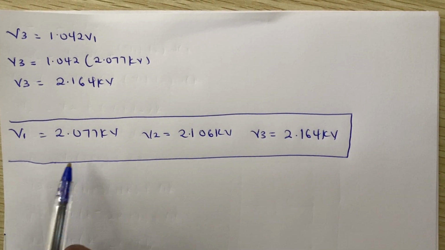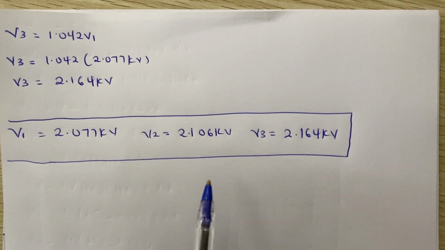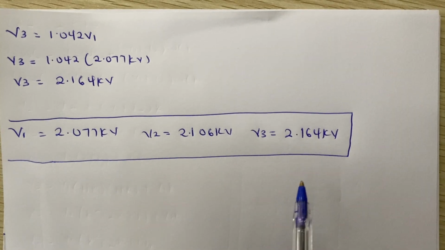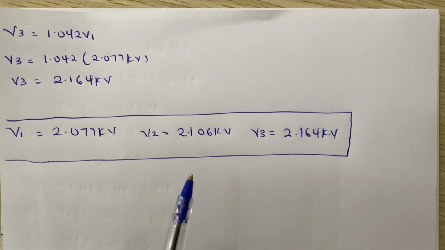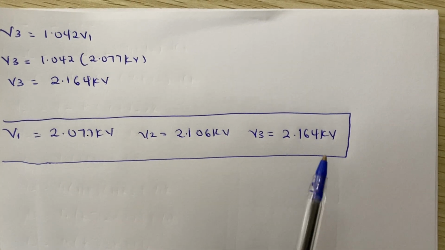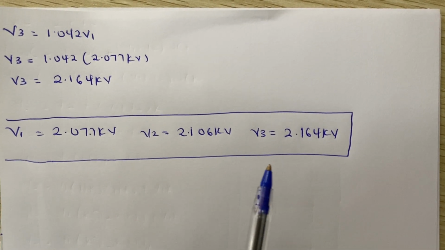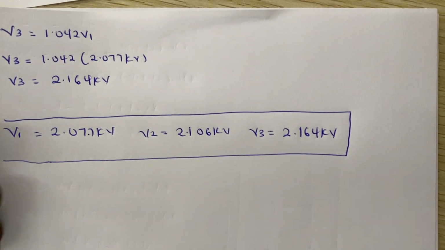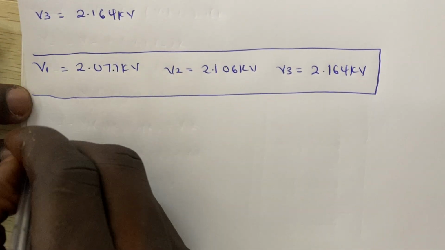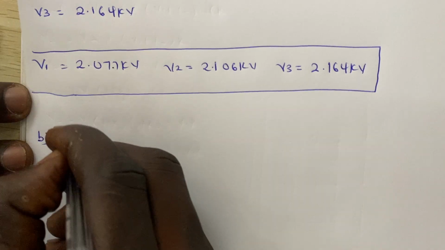Mind you, for the voltage distribution across the insulators, we indicated them with V1, V2, and then V3, and we said that when we add these up, it should also give us the phase voltage. So you can add these up and see if you are truly going to get 6.35 kilovolts, right? Good. So now with this being said, let's go to the second question, which is the string efficiency.